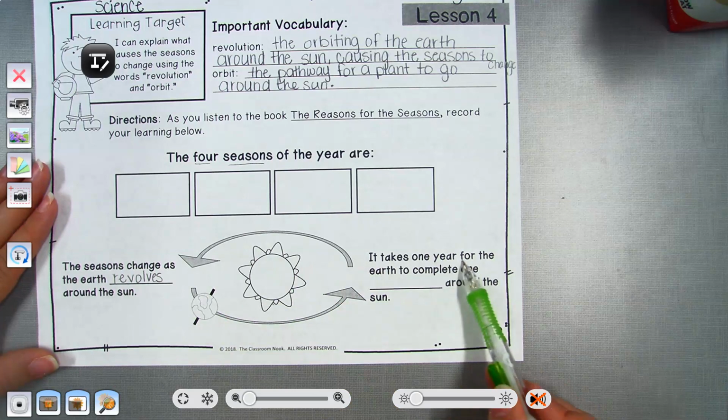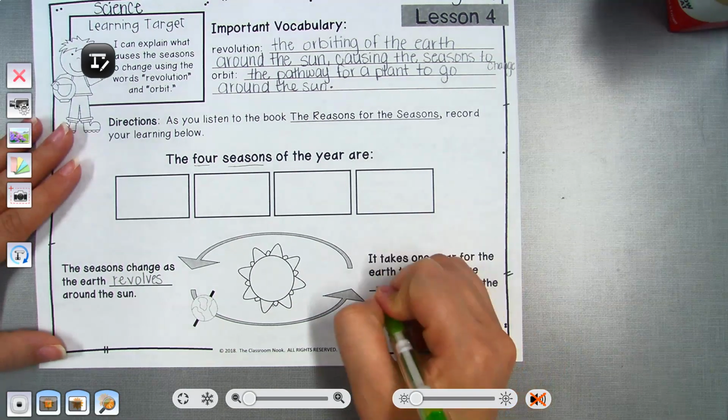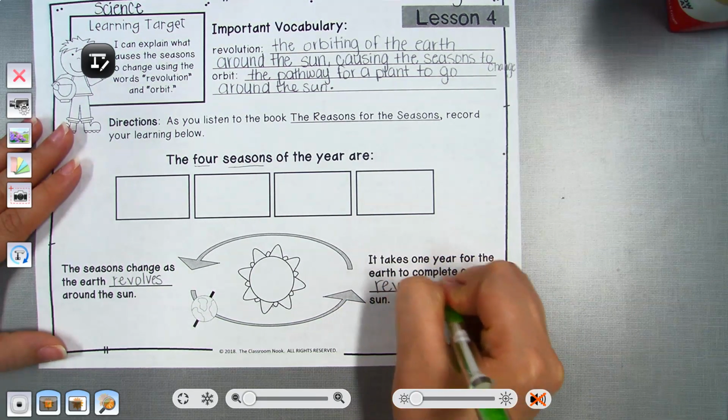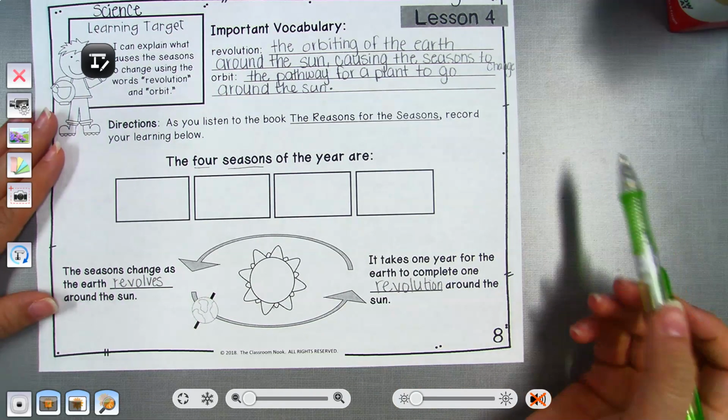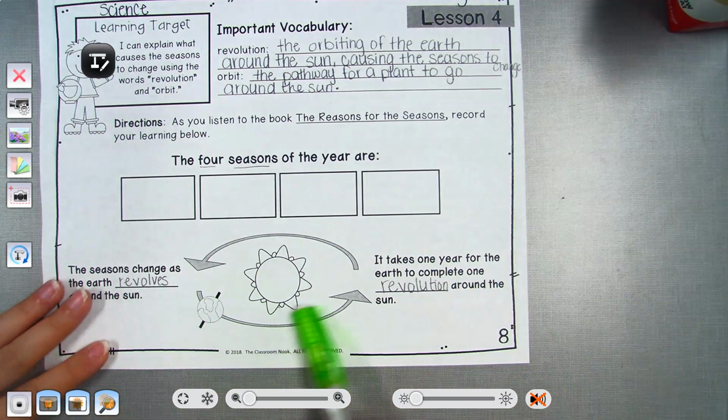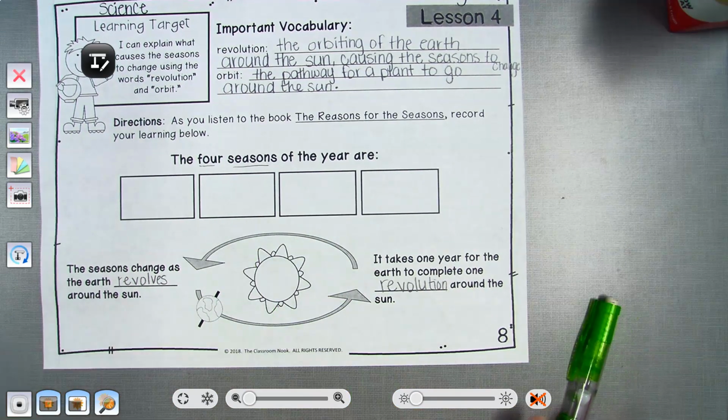So it takes 1 year for the earth to complete 1 revolution around the sun. Okay, so for the earth to go completely around the sun, it takes 1 year.